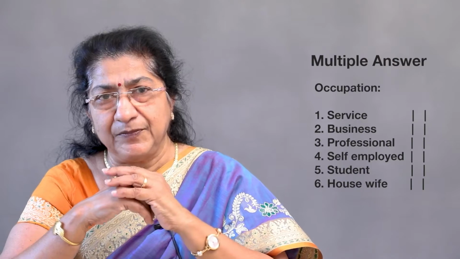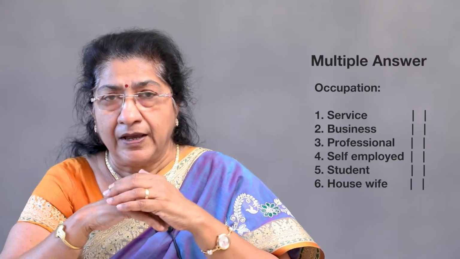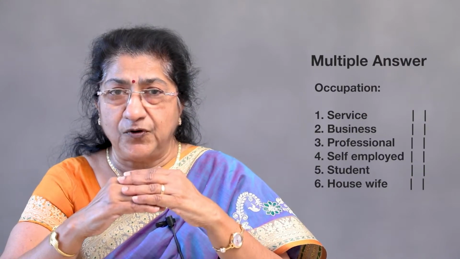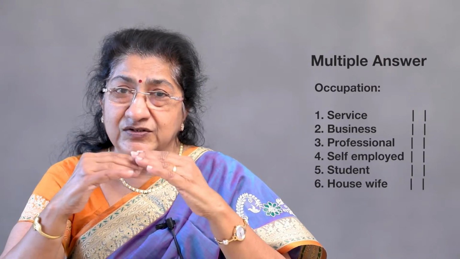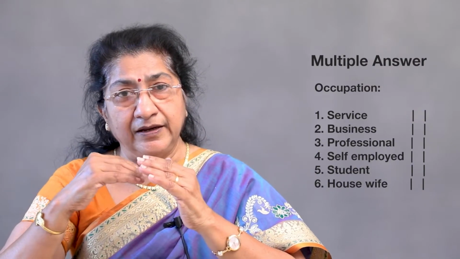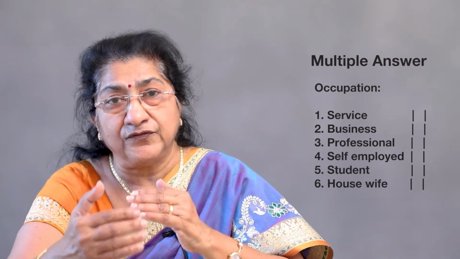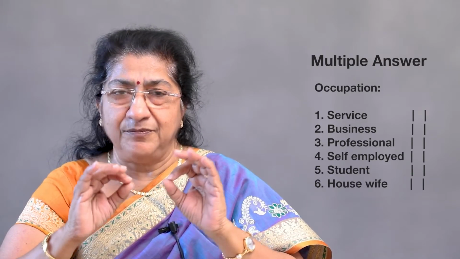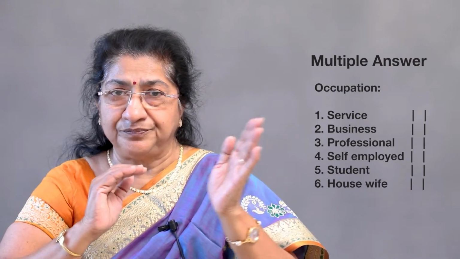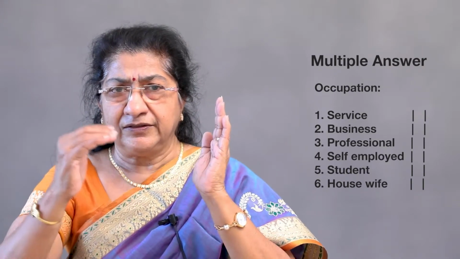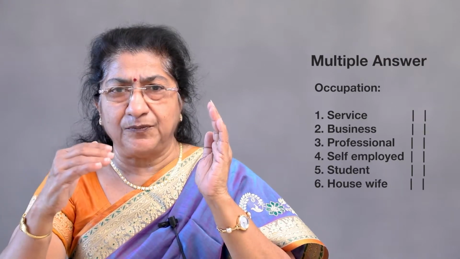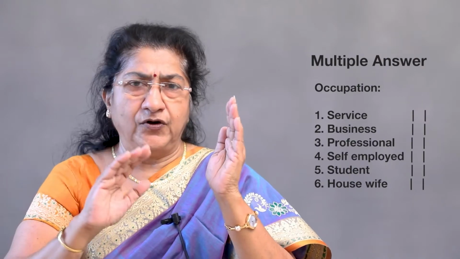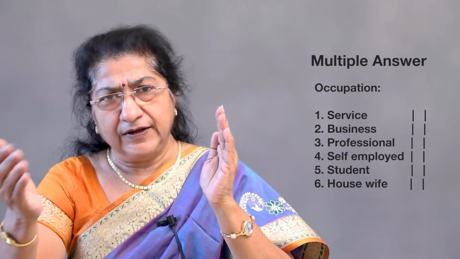Now the second type is multiple answer. In multiple answer questionnaires, the respondent has some alternatives and he has to select one of the alternatives. Suppose the first question is the same, age, then in that, three or four stages are available. Suppose 25 to 35, 36 to 40, 41 to 50, this way.